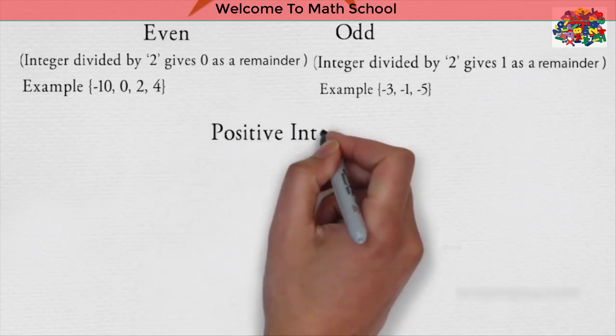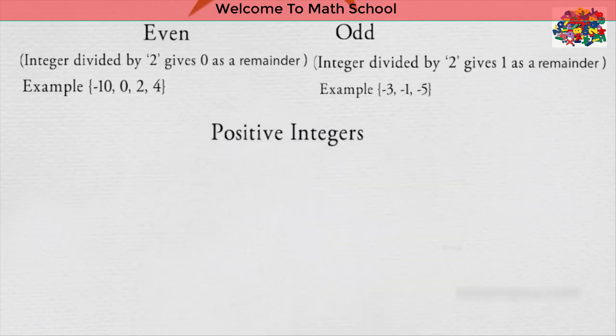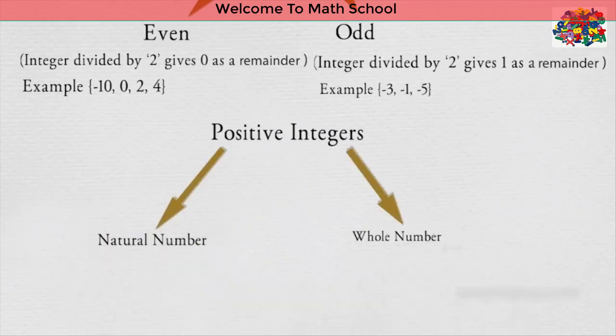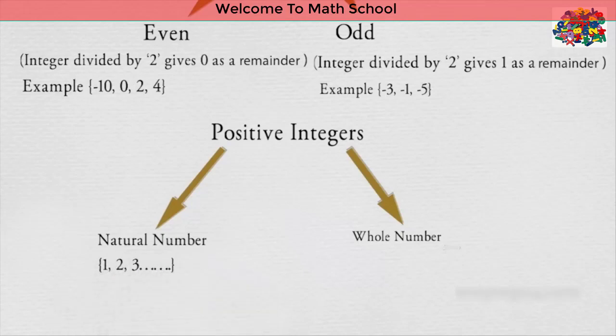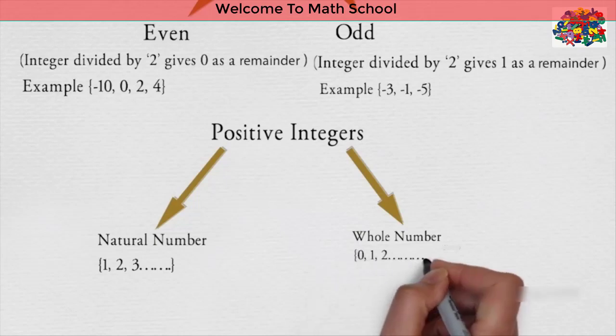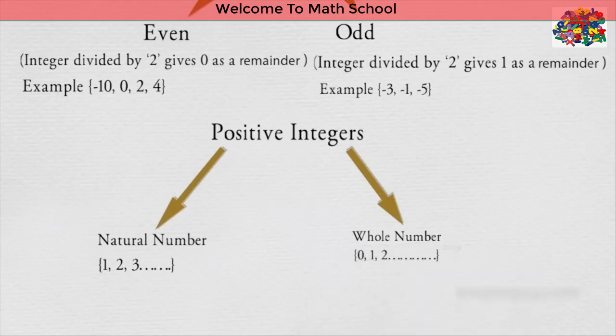Positive integers are classified into natural numbers and whole numbers. The natural number sequence starts from 1 and goes like 1, 2, 3 and infinite. And the whole number sequence starts with 0 and goes like 0, 1, 2 and infinite.